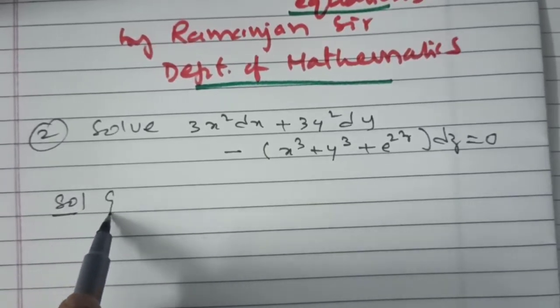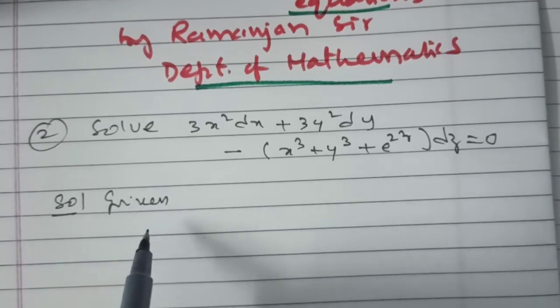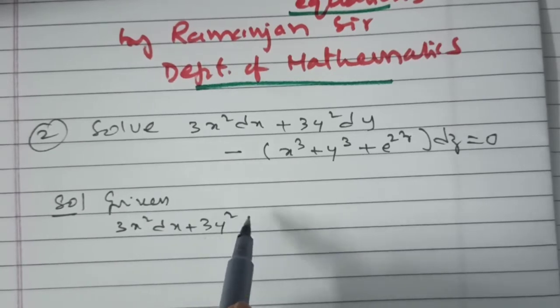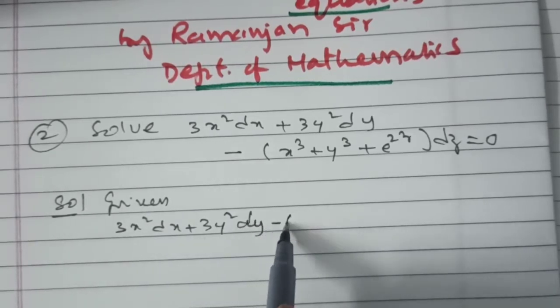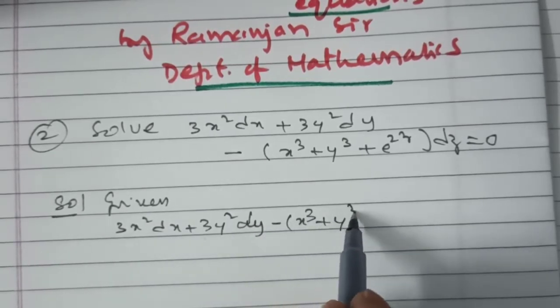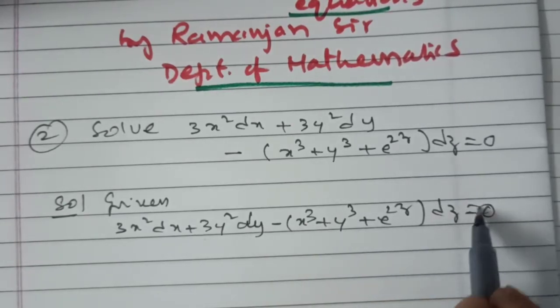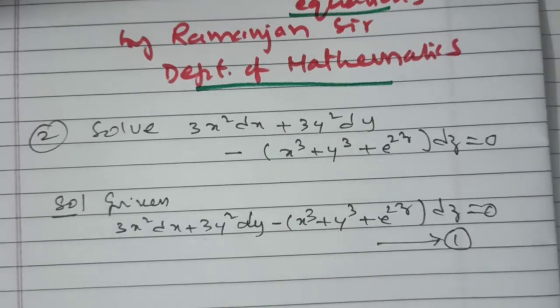So the solution now. Given 3x square dx plus 3y square dy minus of x cube plus y cube plus e power 2z of dz is equal to 0. Take this as equation 1.